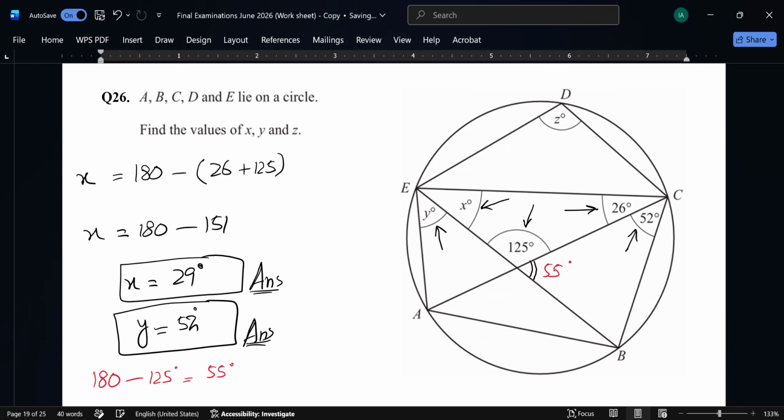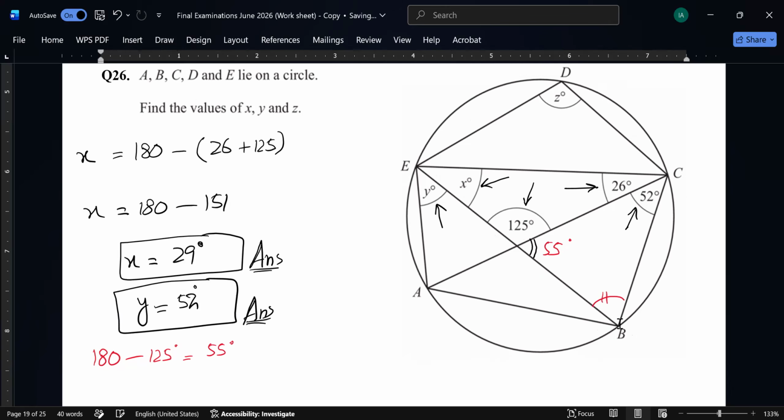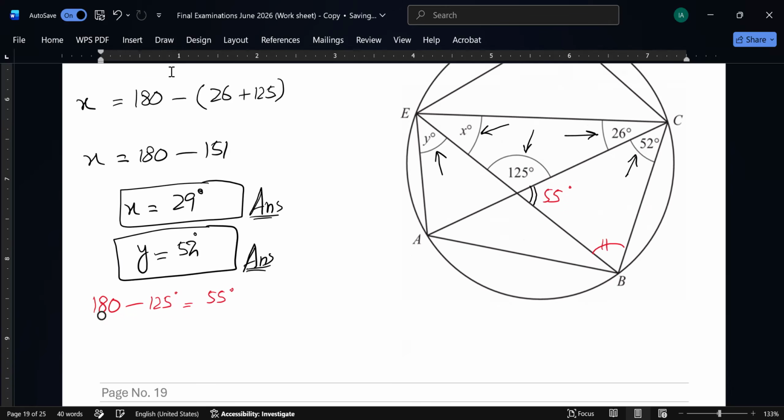Now I add 52 and 55, subtract from 180, and I will get this angle. 52 plus 55 is 107.